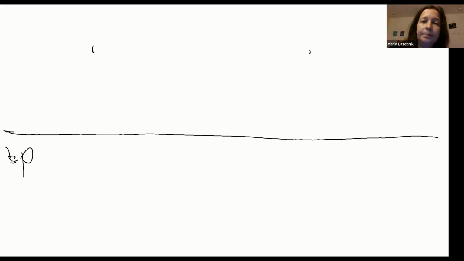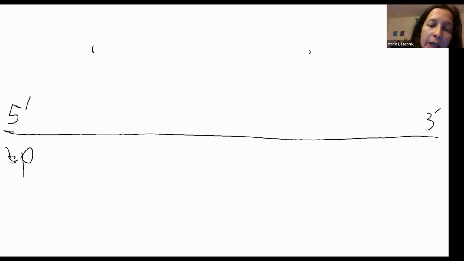Somewhere here we will label the direction of this strand 5 prime to 3 prime. And you know that DNA is double-stranded, but for simplicity's sake, I'm not going to draw the lower strand. I'm just drawing the top strand.